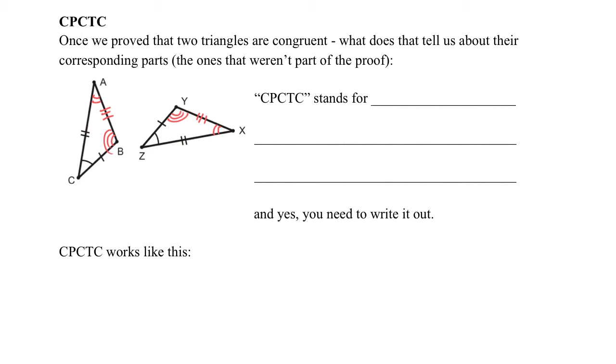So I used the parts in black to prove that the two triangles were congruent. But once I stated that the triangles were congruent, now I can additionally say that all the parts in red are congruent to each other. So this is what CPCTC stands for.